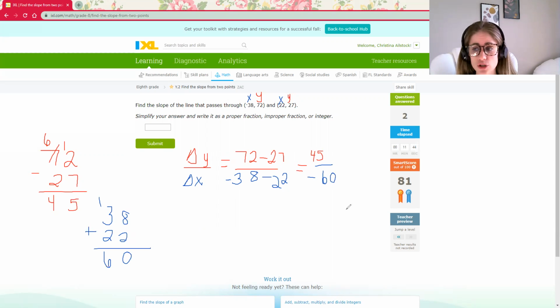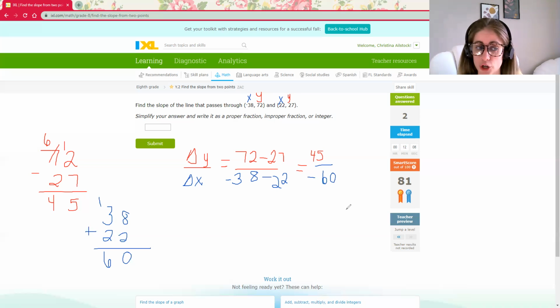All right, here we have a much larger number. Once again, I can't divide it, but I can simplify. What can I reduce this fraction by? Well, the first thing that stands out to me is I notice that my numbers end in a 5 and a 0. And I know that if it ends in a 5 and a 0, it's divisible by 5.